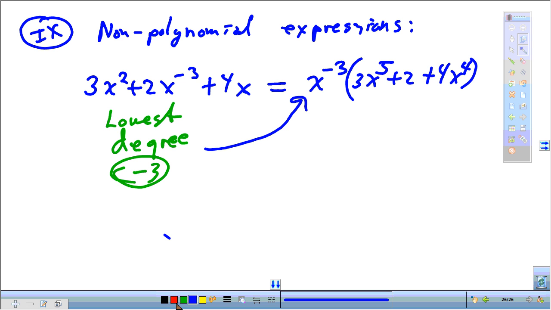But in this process, we get a common monomial, a one-term factor, and then the rest of it is a polynomial. So in many cases, we can bring something back to polynomials, a lot of times if we have sums of powers.